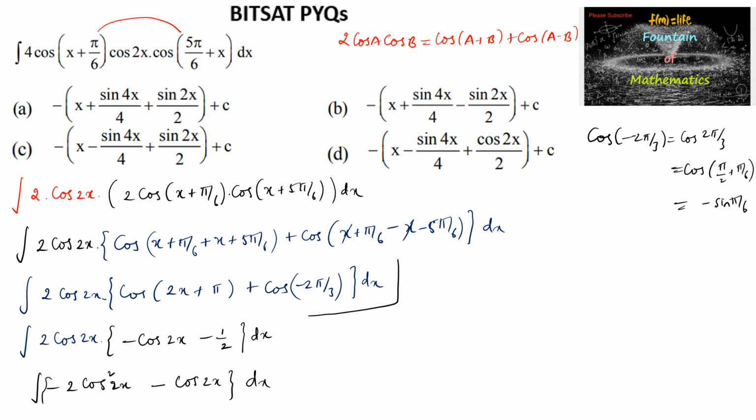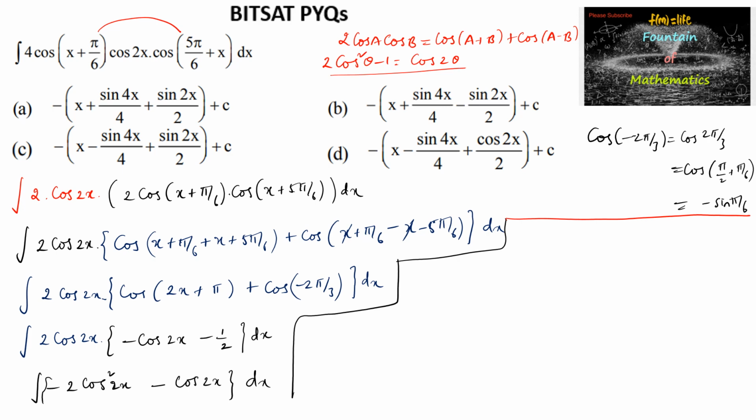So we can write, and we know the formula 2 cos square theta minus 1 is equal to cos 2 theta.